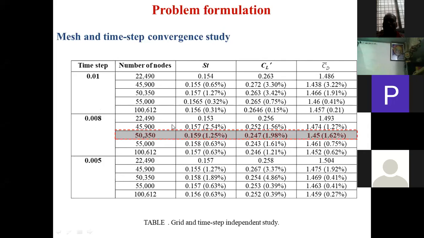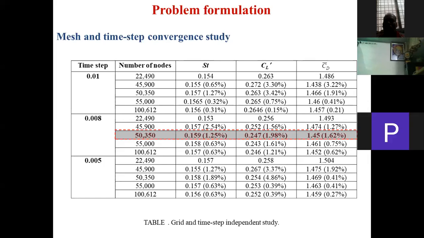What I found is that this combination is the optimum one. After this, a further change in the nodes does not change the results much. Results here means the aerodynamic characteristics, forces and frequency. So once you find this optimum number of nodes, you can go for your further simulations.